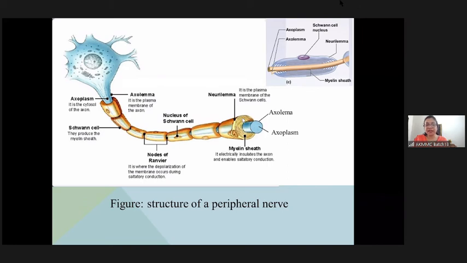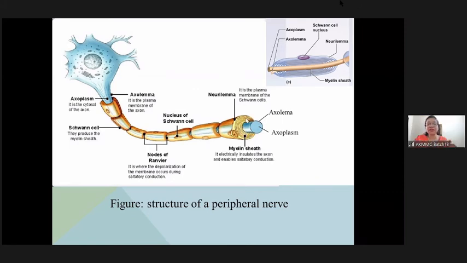Then the covering, or myelin sheath, of a peripheral nerve fiber, the axon. That means this is a fiber. What type of cell will form the myelin sheath around this axon? Oligodendrocytes?